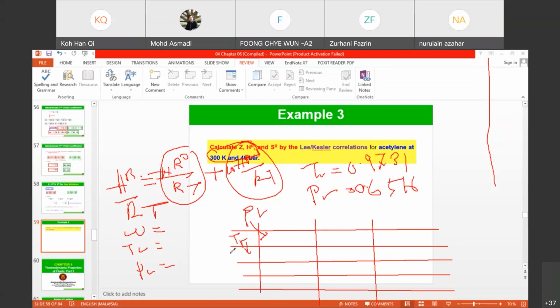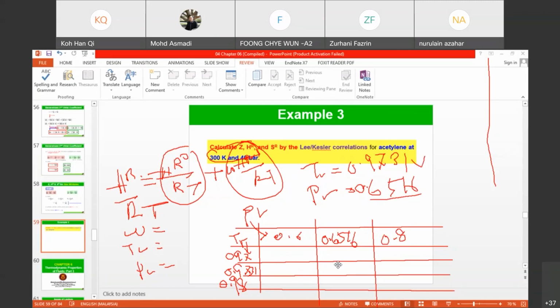So 0.97, 0.9731, 0.8, 0.6. Please find in the table. 0.6516, 0.8. Okay. I see, because this one, right, this value.